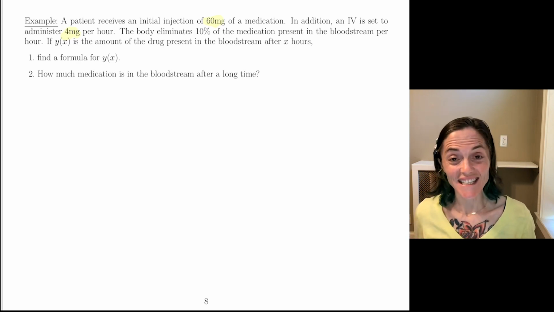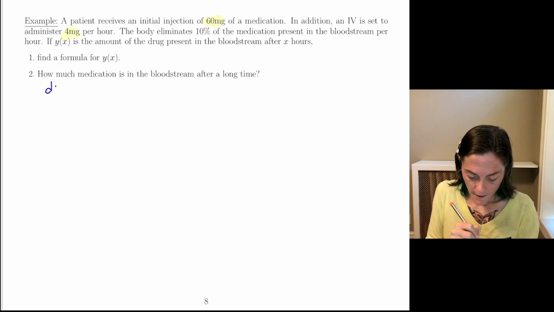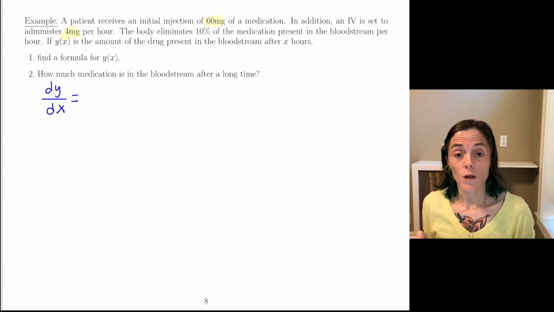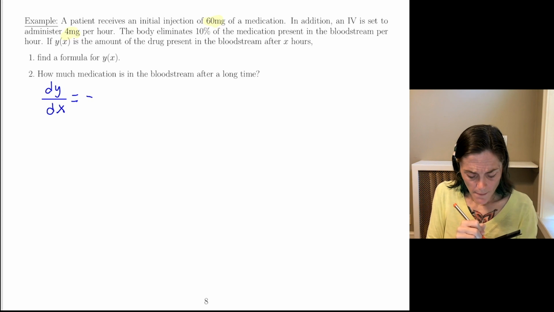First, we need to write a differential equation here. So, dy dx equals, every hour, 10% is eliminated, so this will be minus 0.1 y.